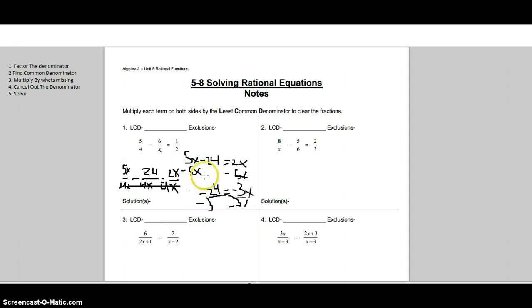Negative 24 divided by negative 3 is 7. So x equals, excuse me, not 7, 8. 24 divided by 3 is 8. Or negative 24 divided by negative 3 is 8. So that's your final answer, 8.